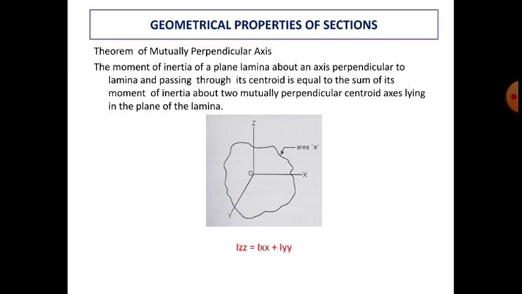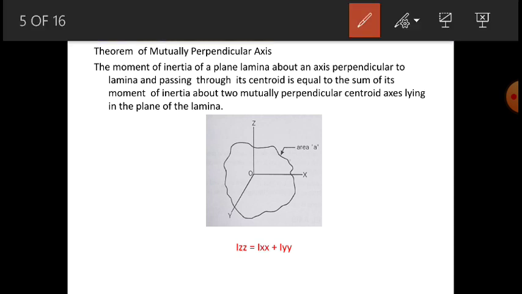The theorem of mutually perpendicular axis. If you take a body in a plane where two axes meet at the centroid, it is compulsory that these two axes meet at the centroid of the object and are mutually perpendicular to each other.